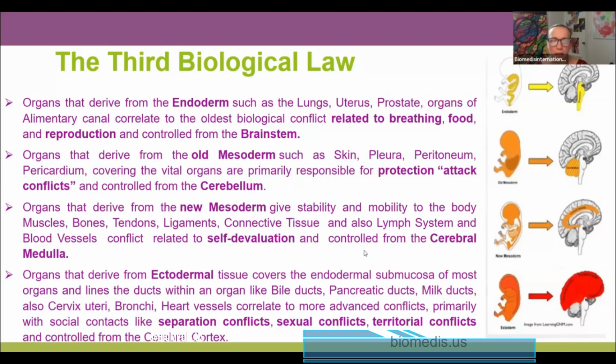Organs that derive from the ectodermal tissue cover the endodermal submucosa of most organs and line the ducts within organs like bile ducts, pancreatic ducts, milk ducts, also cervix uteri, bronchus, heart vessels. They correlate to more advanced conflicts, like social contact conflict, separation, sexual conflict, territorial conflict. They are controlled from the cerebral cortex.